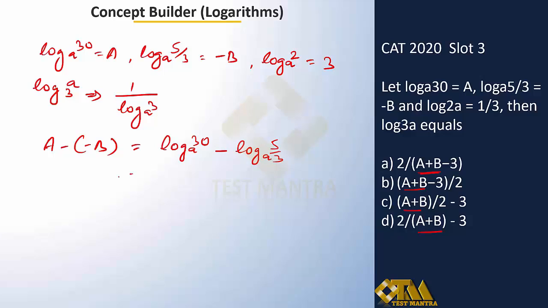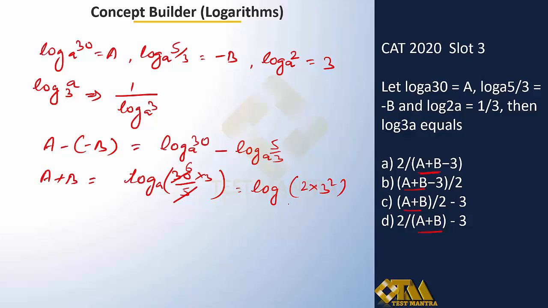So if we work on this, I can say a plus b is supposed to be log 30 divided by 5 by 3 to the base a. Let's work on this, right? This could have been written as log 2 into 3 square to the base a, right?